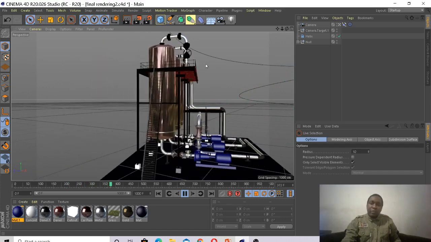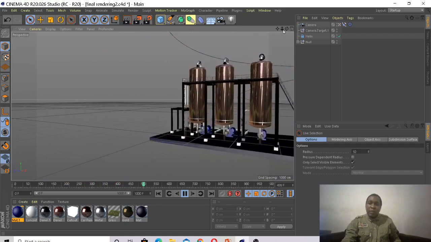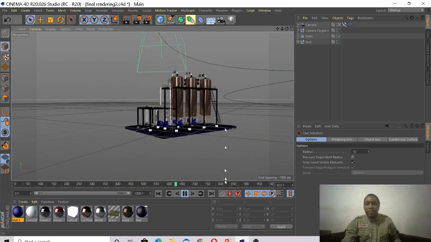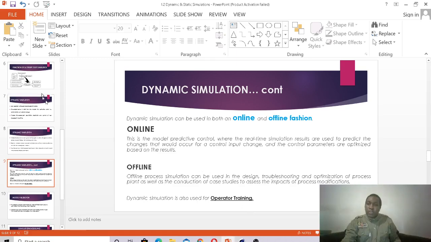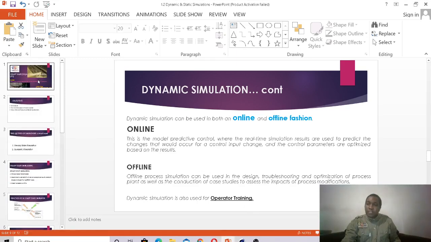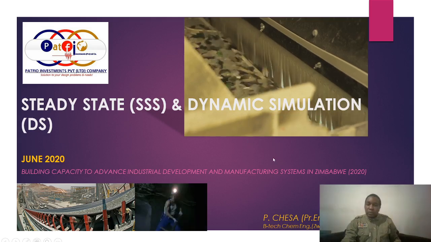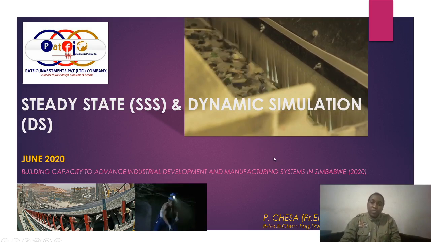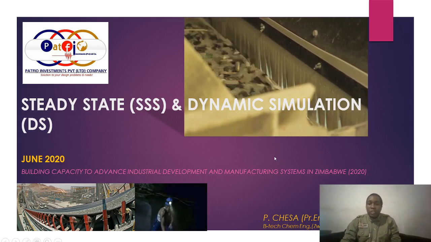So in this session, I'm going to show you the two types of simulations, dynamic and steady state simulations. So let's dive into our slides. We're going to talk about the two types of simulation, steady state simulation and dynamic simulations.